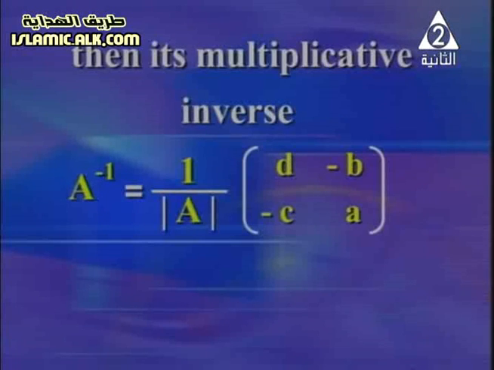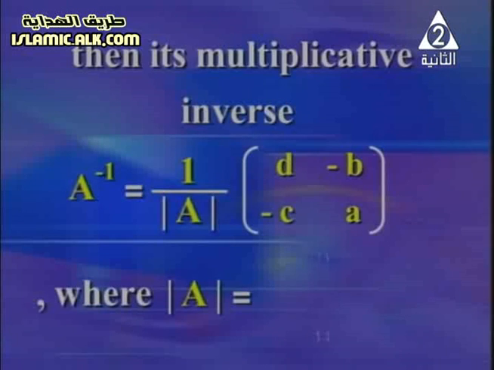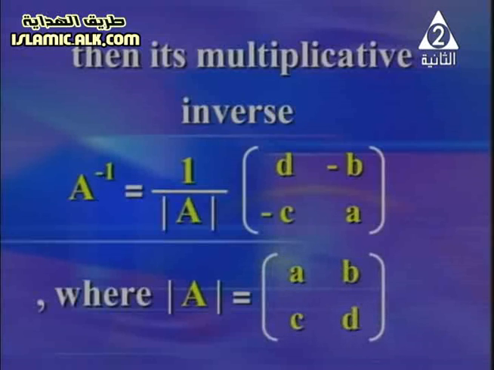This is the formula of the inverse matrix, with 2 rows and 2 columns, where the determinant of A equals ad minus bc, not equal to 0. Why? Because if the determinant of a matrix equals 0, then it has no multiplicative inverse.